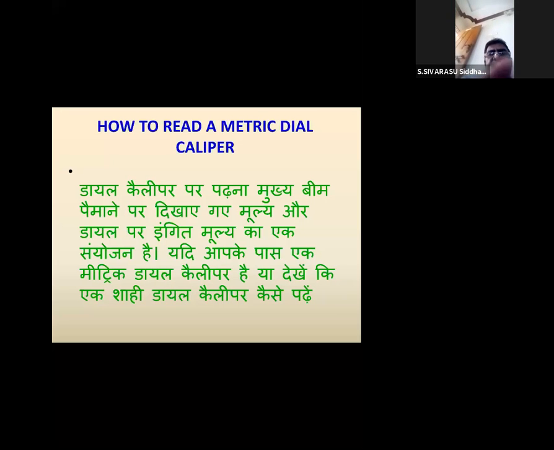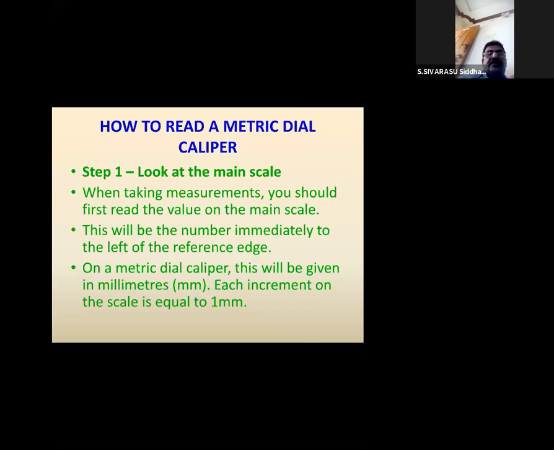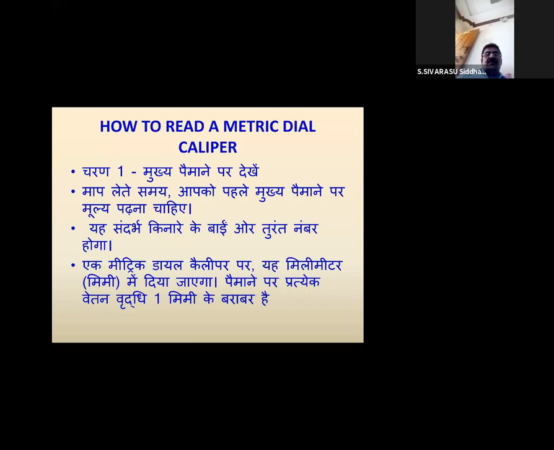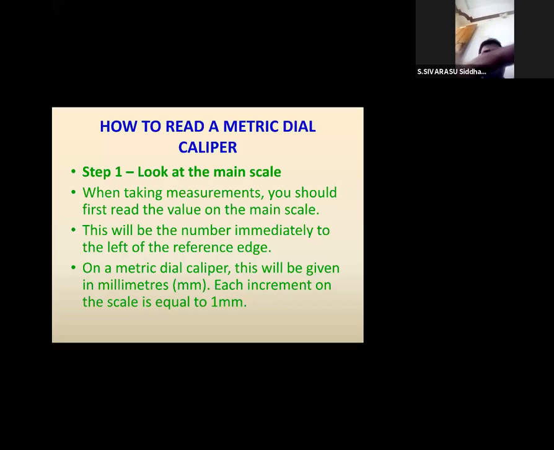Whenever you are taking measurements, you should first read the value of the main scale. Thereafter, take the number immediately left of the reference edge.